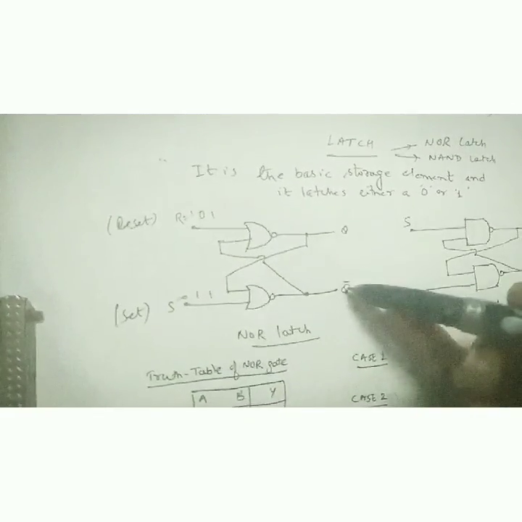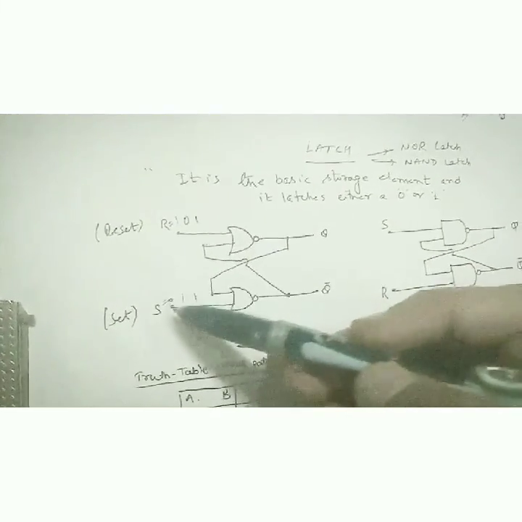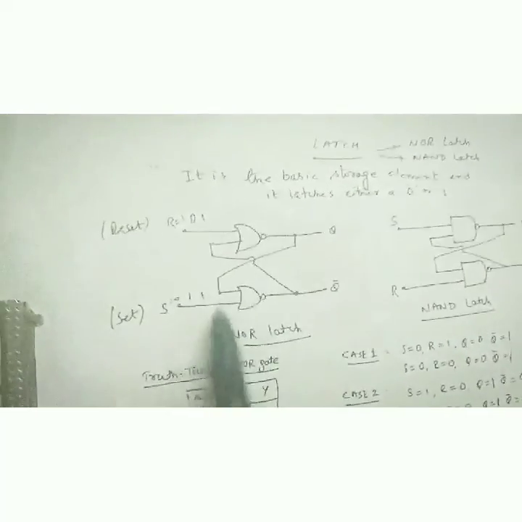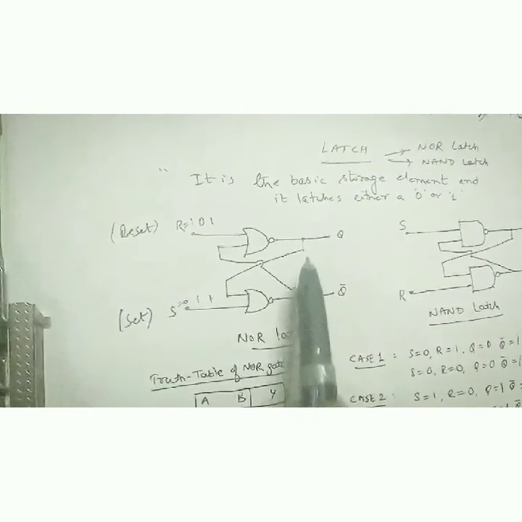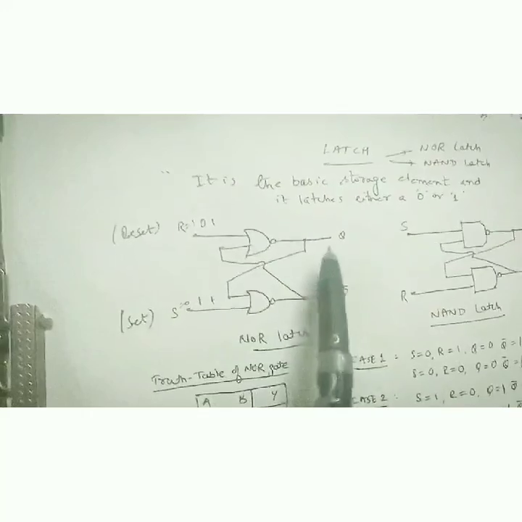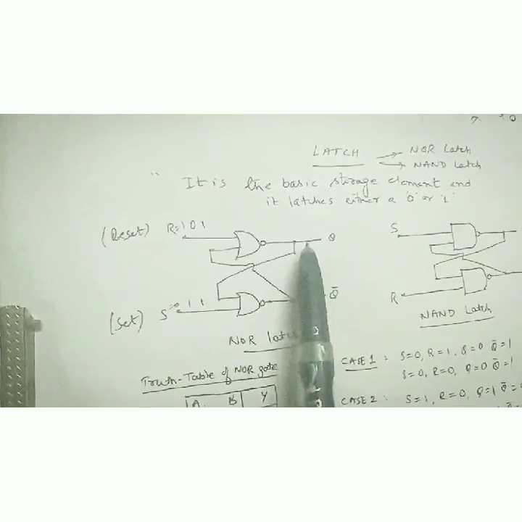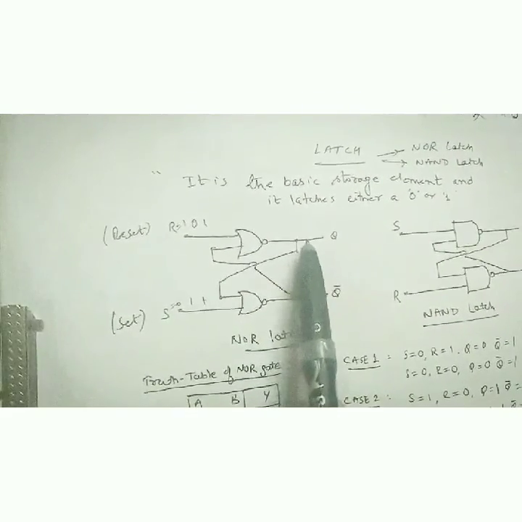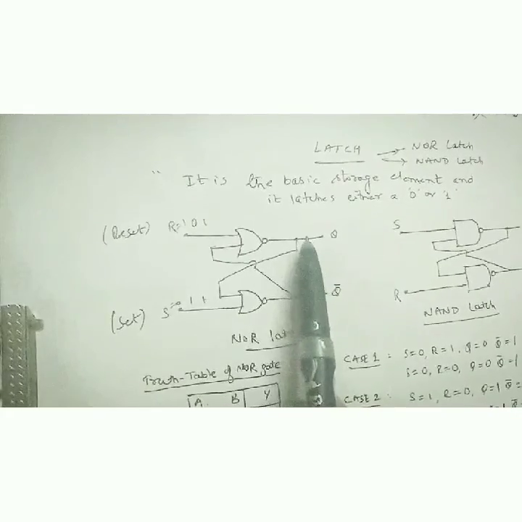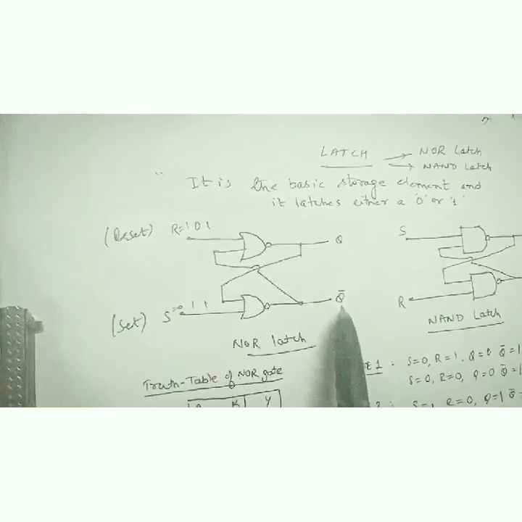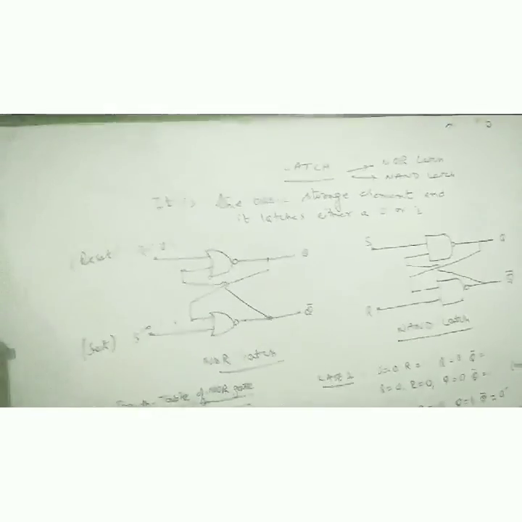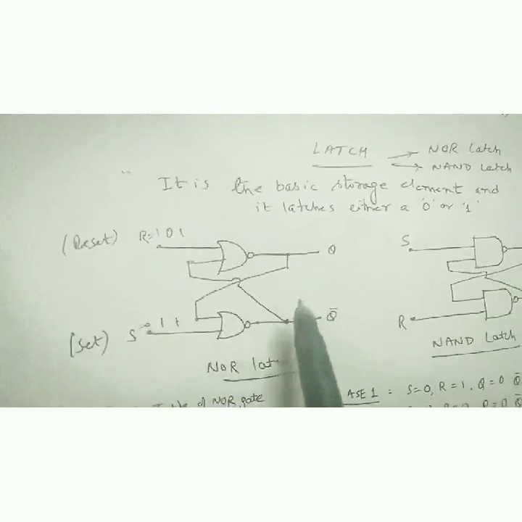This is 0, this is 0, both are 0, and we have removed the inputs. Now there are again two cases in this also. In the first case we are going to consider this Q, and in the second case we are going to consider Q bar as the output, which will be obvious as we are going to see how it operates.